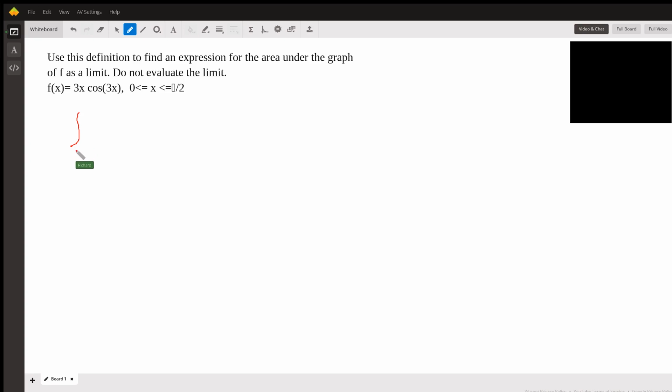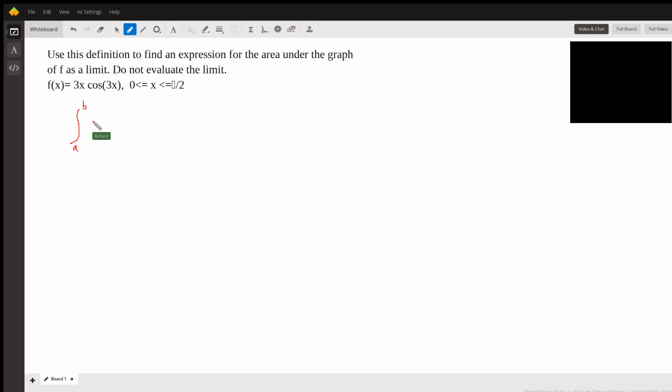The definite integral from a to b of f of x dx, which is the area under the curve from a to b, is the limit as delta x approaches 0 of the sum from i equals 1 to n of f of c sub i times delta x sub i.